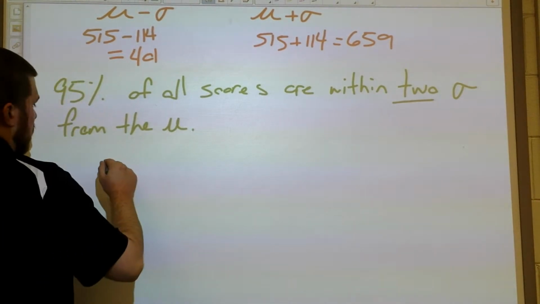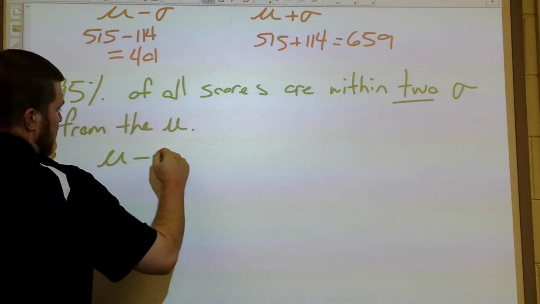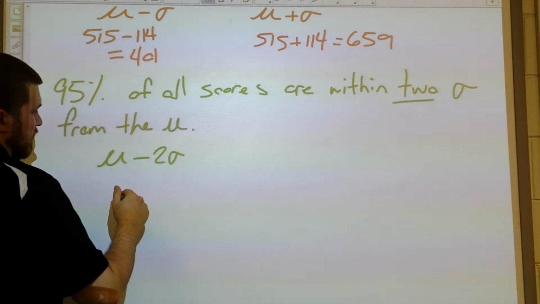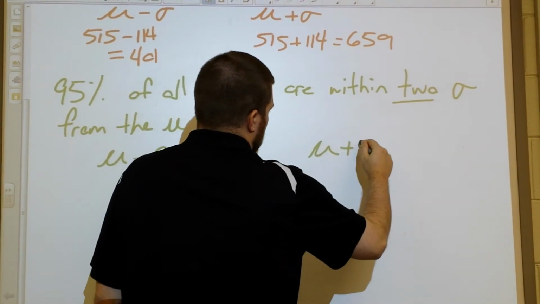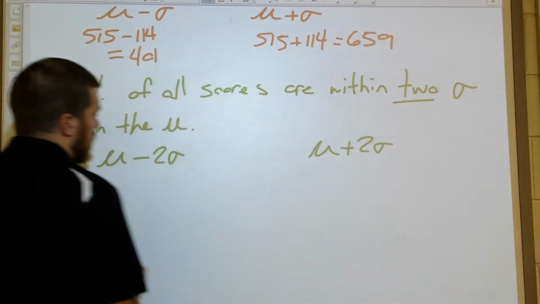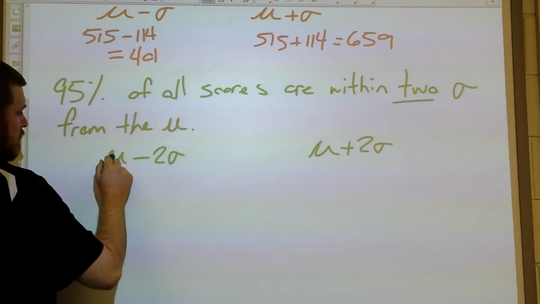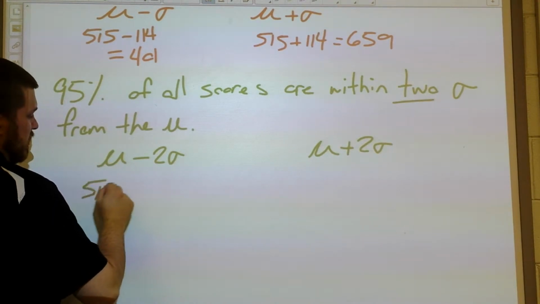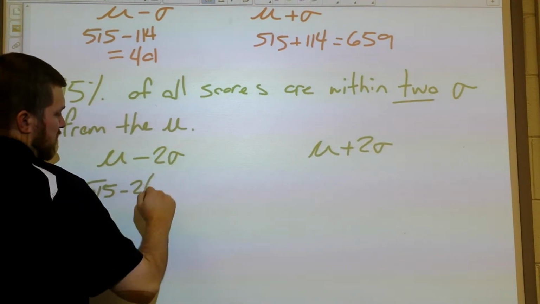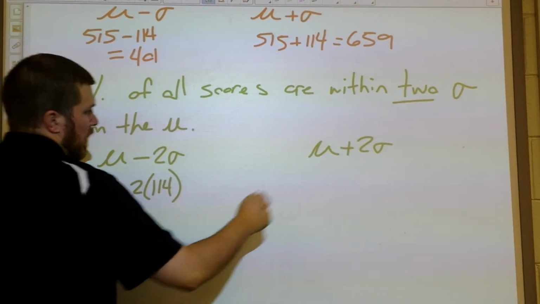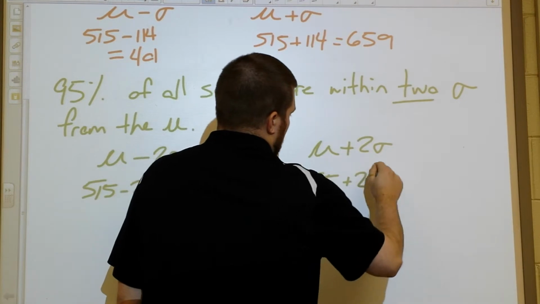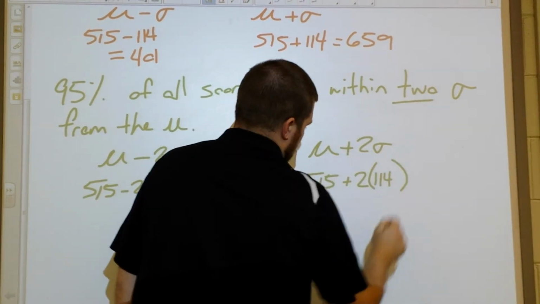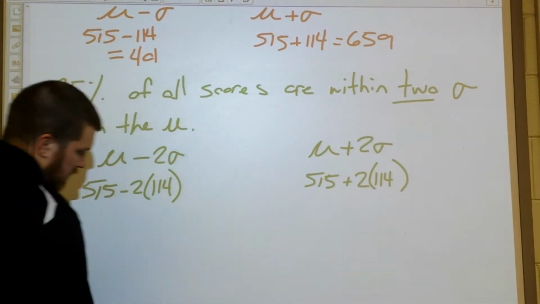Our lower bound is going to be mu minus 2 standard deviations. Our upper bound is going to be mu plus 2 standard deviations. Let's plug in what we know. The mean is 515 minus 2 times our standard deviation of 114. For our upper bound, very similar, 515 plus 2 times 114. Use calculator to clean this up.